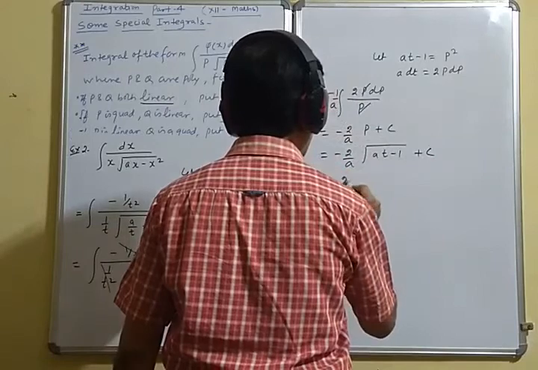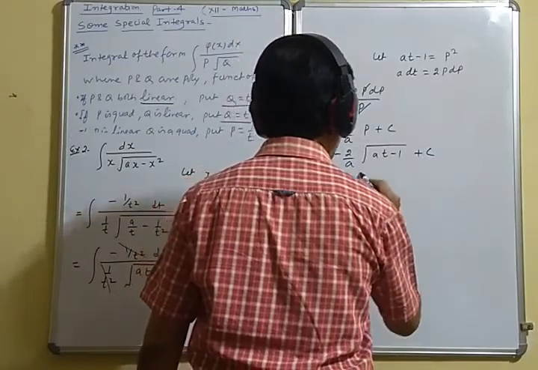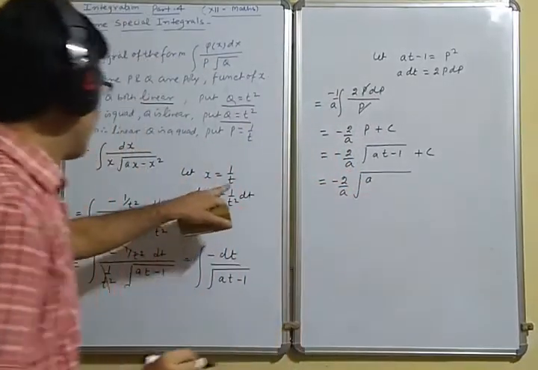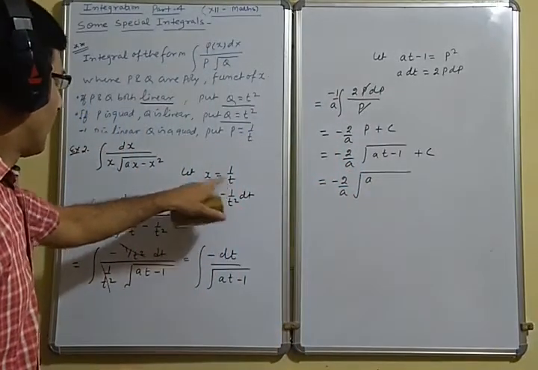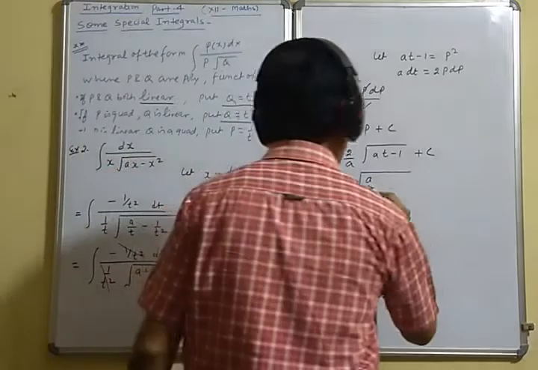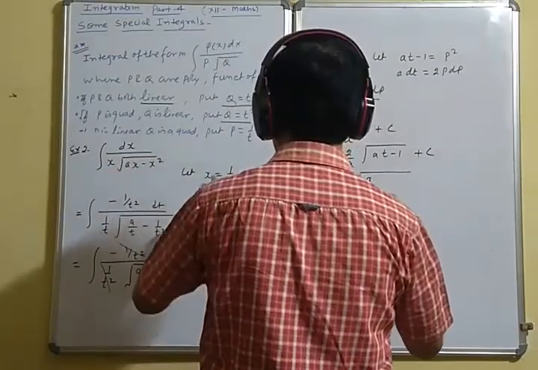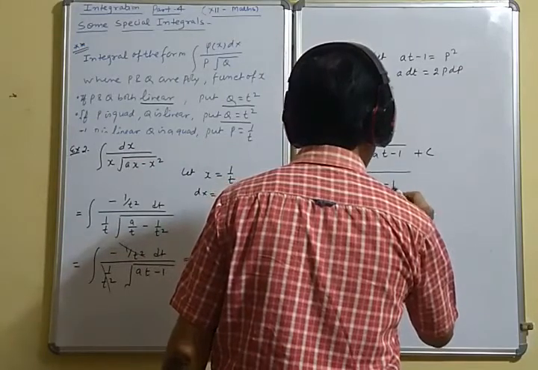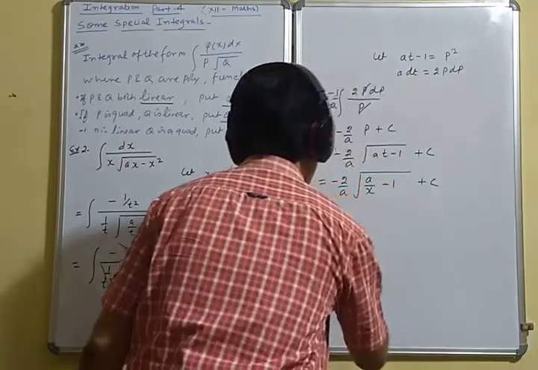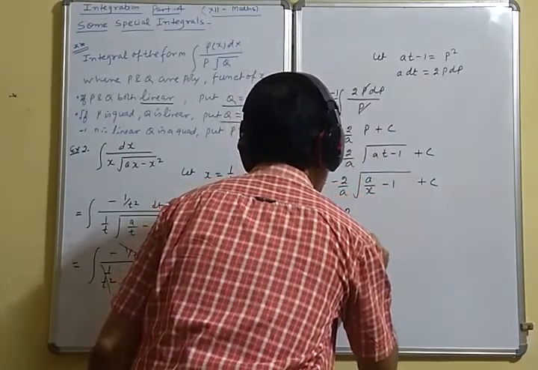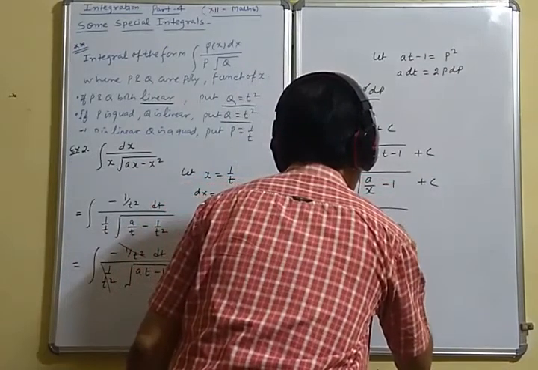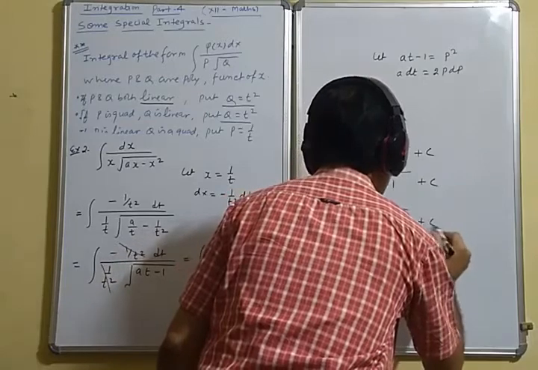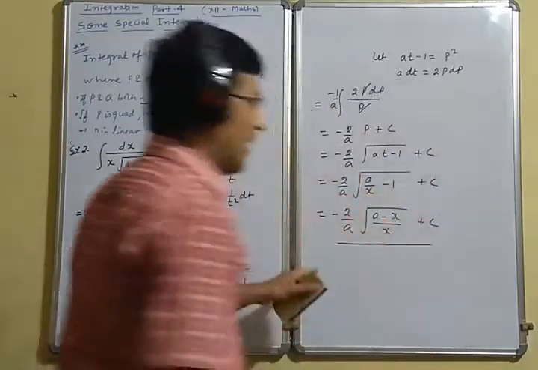So that is minus 2 upon a under root (a times 1 upon x minus 1) plus c, that is minus 2 upon a under root ((a minus x) upon x) plus c. So that is the required solution.